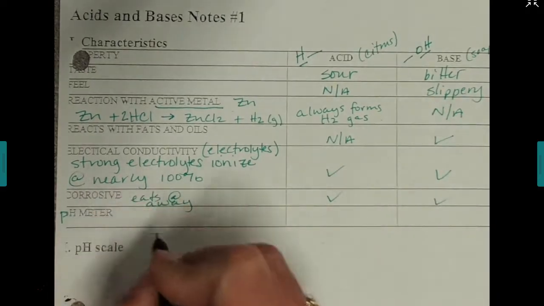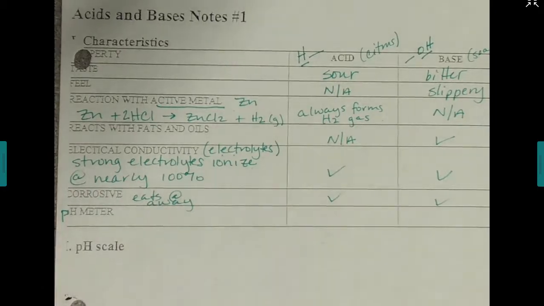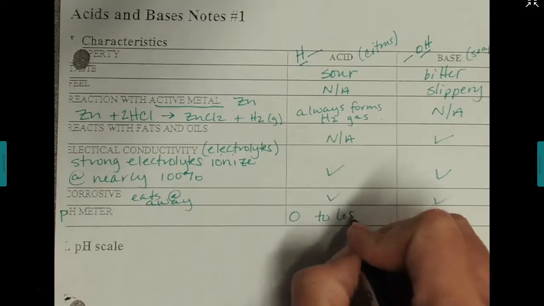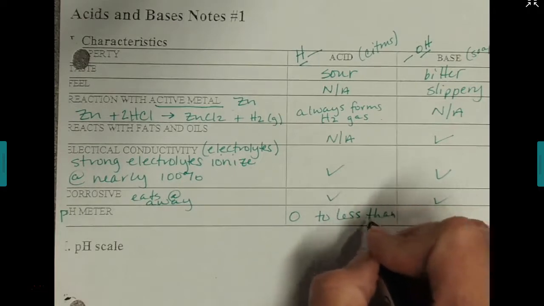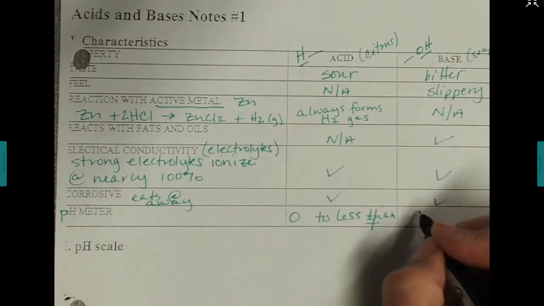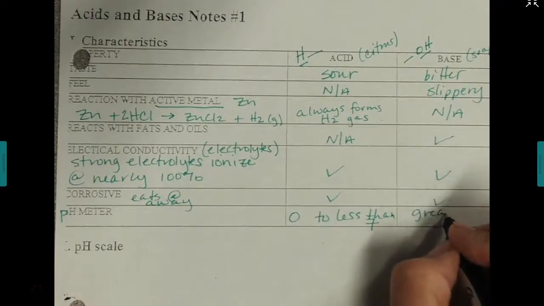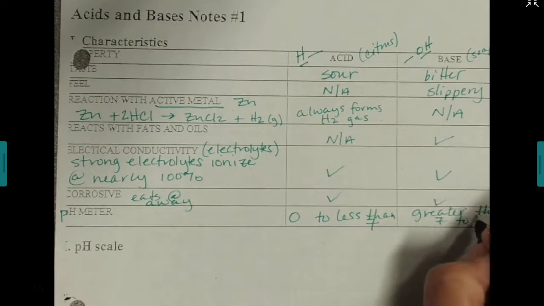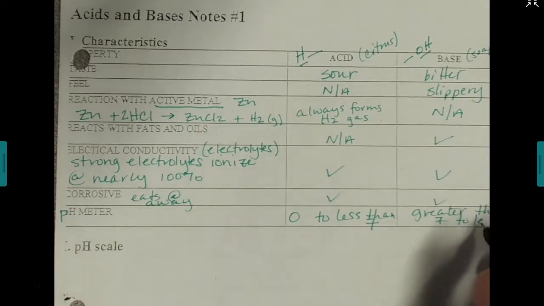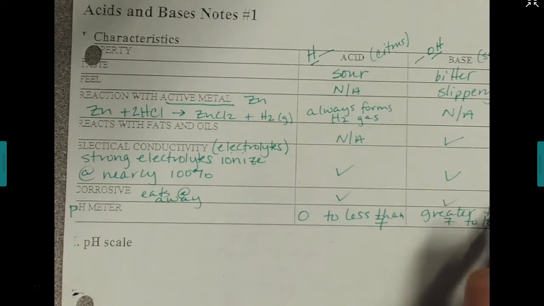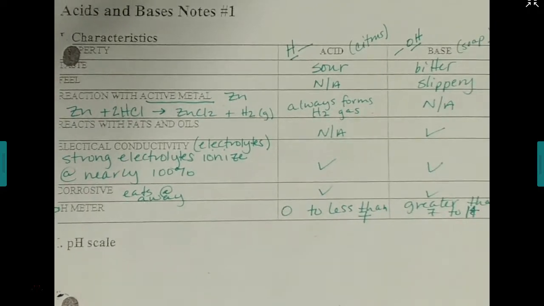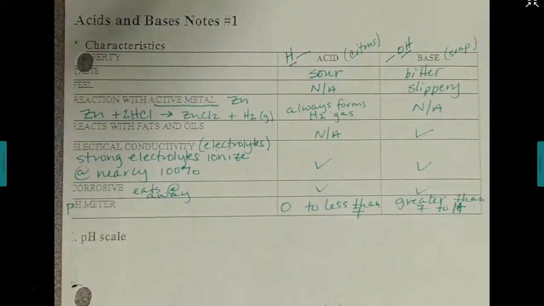Now, a pH meter. What is the pH? So 0 to less than 7 is an acid, and then greater than 7 to 14 is going to be a base. pH is a man-made scale, okay? And you can say, what does pH mean?